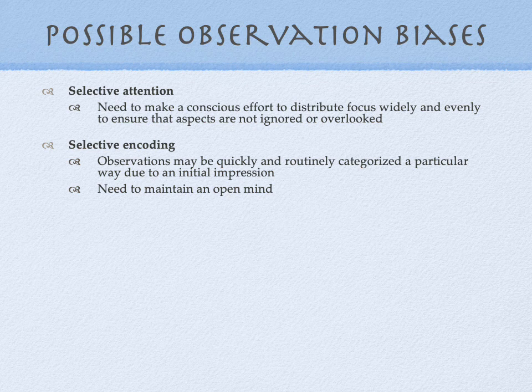Again, as I said previously, with observation research, you can understand what is happening, but not necessarily the why. So that's why for a lot of observation research, you have to be very careful about categorizing things and about attributing certain behaviors to certain feelings or certain things without truly understanding the situation.